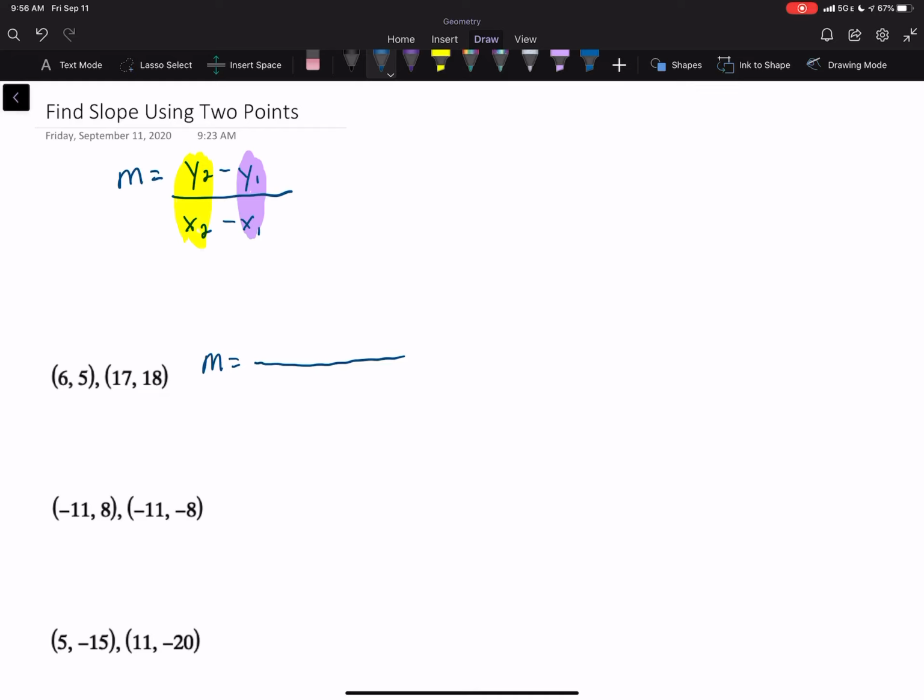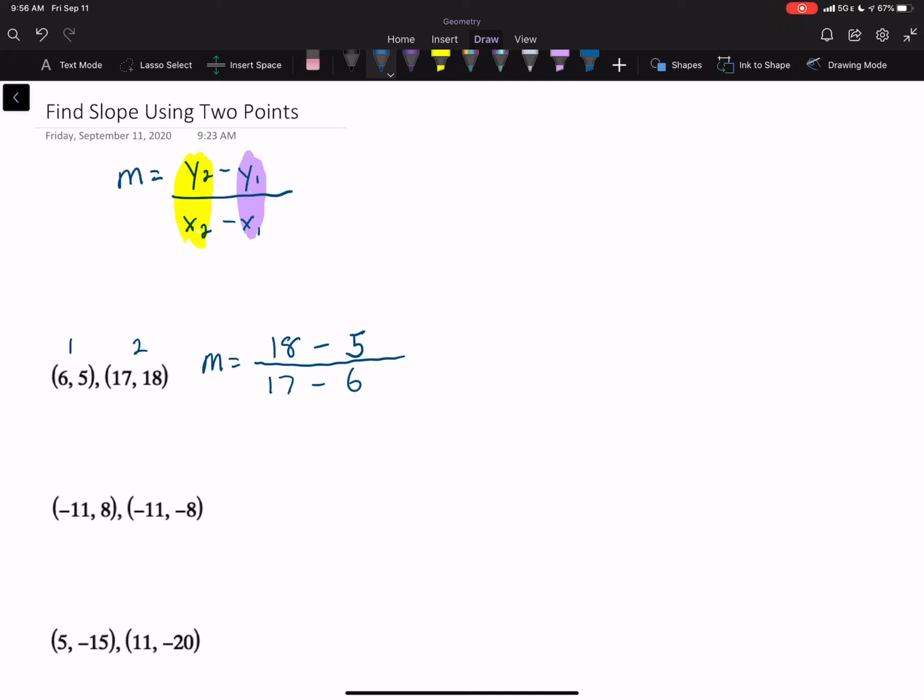I'm going to call this one group 1 and this one group 2, right? So y2 would be 18 minus y1, which is 5. And I'm going to put that over the top of x2, which is 17, and then minus the first x.